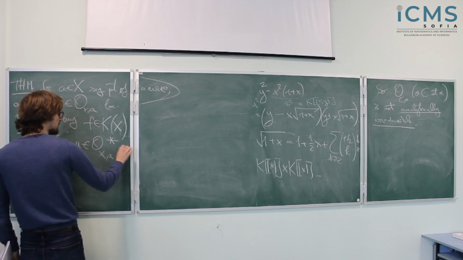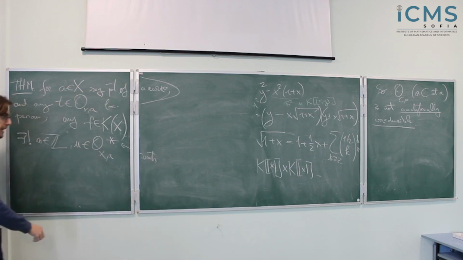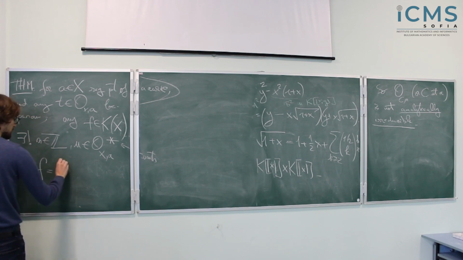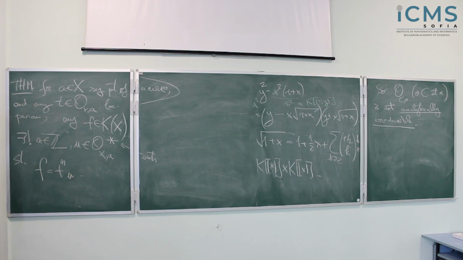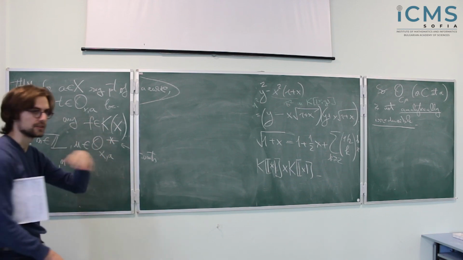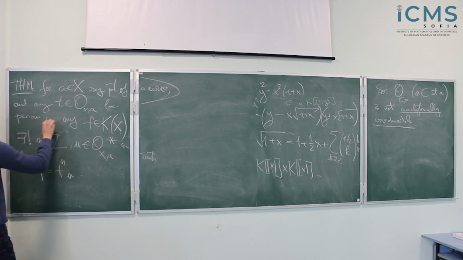So this just means that we are taking units in the ring, such that f is equal to t to the power n times the unit. So if you ever did a little bit of algebraic number theory, this actually tells you that this is a discrete valuation ring. I'll define discrete valuation rings just after that. Okay, so this is the first point.